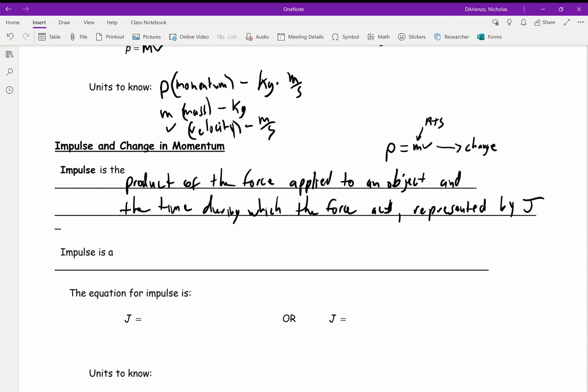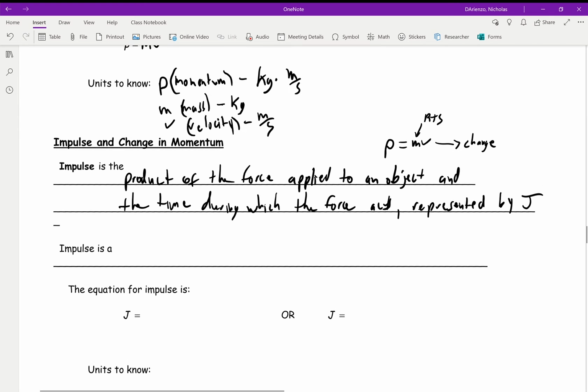Since impulse has to do with the product of the force applied to an object and the time, and force is a vector quantity, impulse is also a vector quantity. It's going to have the same direction as the applied force.